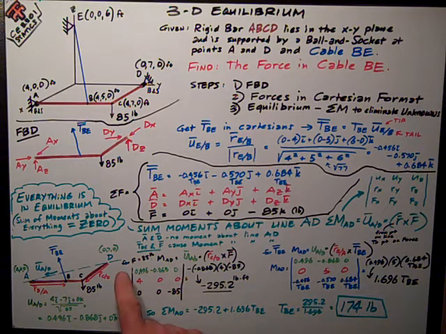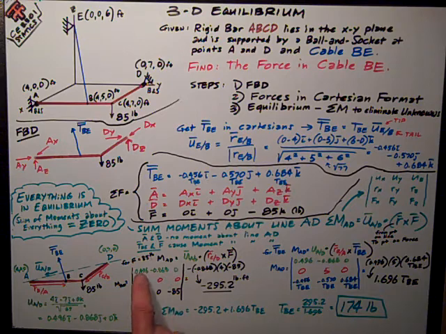Really, I've only got two things causing moment about line AD. The first one, let's look at the moment about line AD caused by the 85 pound force. That's just the unit vector dotted with R cross F, but I want to choose my R position vector to have as many zeros as I can get. I've chosen to go from point D, a point on the line, to point C, the point where the force is applied.